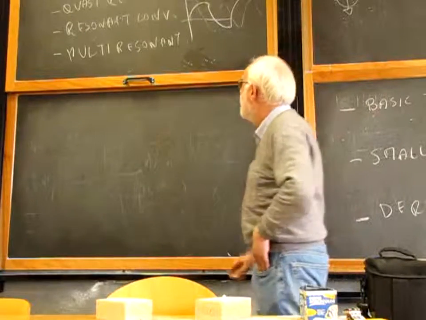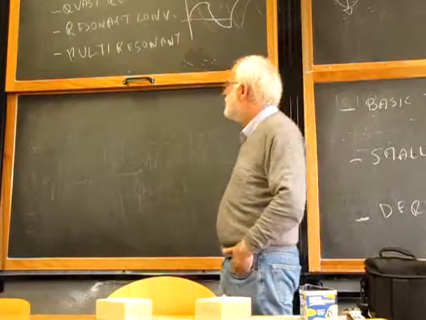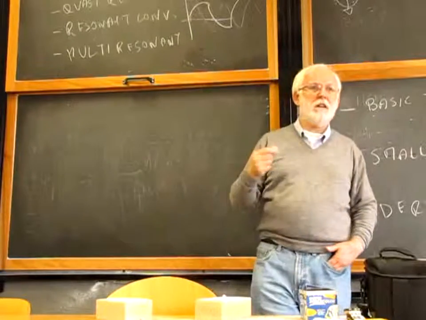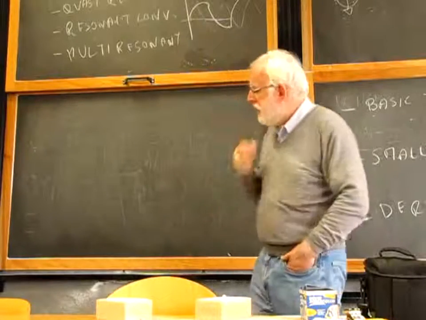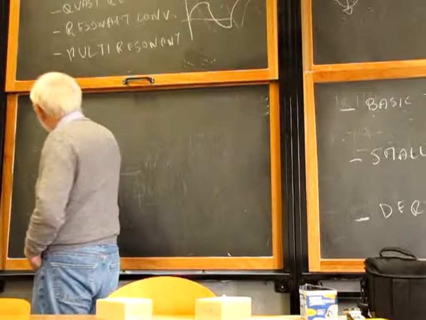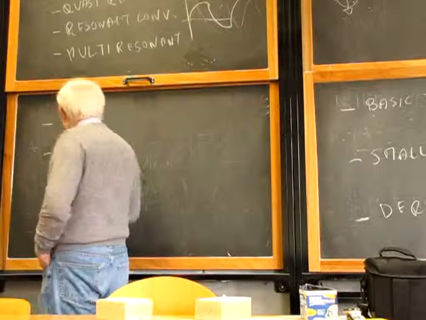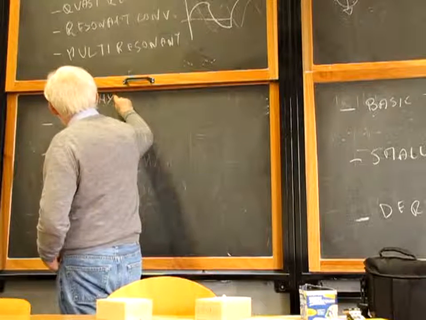Okay, let's go. Square wave converters. That means our switch is open and closed. We have no resonances in the system, and we will use for the beginning 4 assumptions, 4 hypotheses.